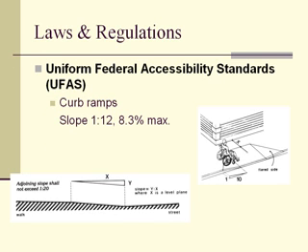At the same time, as you can see in the diagram in the lower left-hand corner, that just indicates the relationship between the 1 and the 12, the change between the rise and the length of the ramp. And surfaces that adjoin these ramps should similarly have no more than 5%.